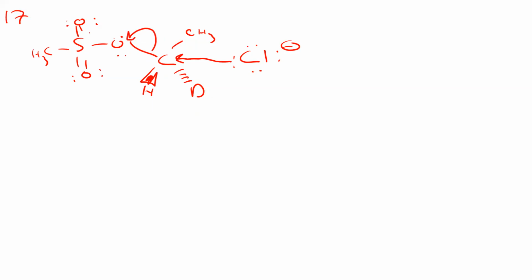So that's our step one. So what is the absolute configuration of the deuterated ethanol? It'd be R. And it wants the final product.